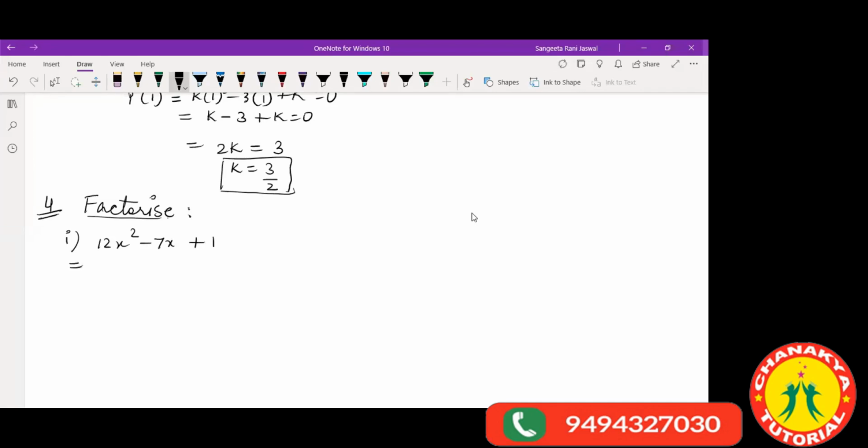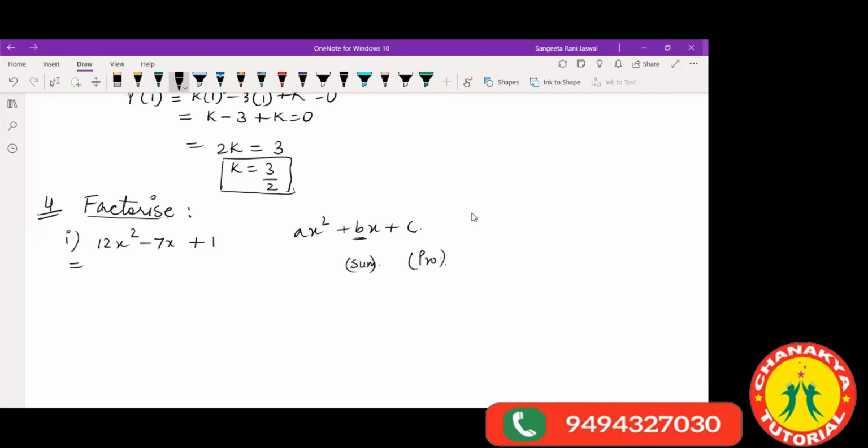So I have to find those factors. You know the general form of a quadratic equation is ax square plus bx plus c. So what do we have here? The middle term is always the sum of zeros and the last term is the product of zeros.